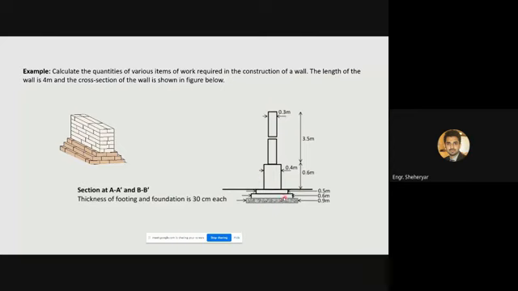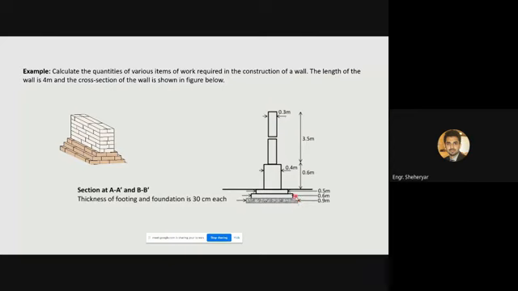When we come down to the foundation, there are three steps in the foundation. The first step is the PCC, plain cement concrete, which has a width of 0.9 meter, and the thickness is 30 centimeter, because it is mentioned that the thickness of the footing and foundation is 30 centimeter each.